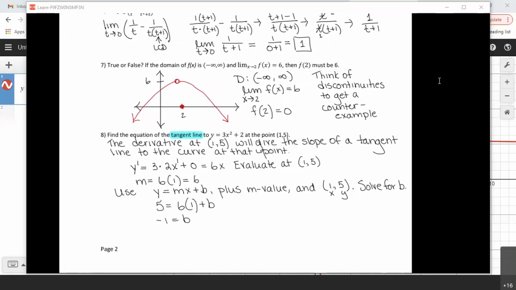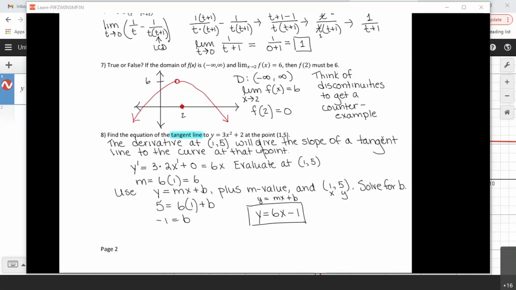So I'm just subtracting the 6 here and here. All right, so my final equation is y equals 6x minus 1. That's y equals mx plus b.